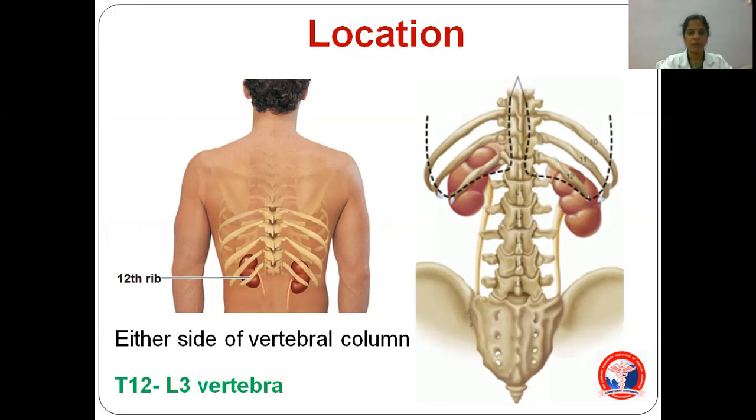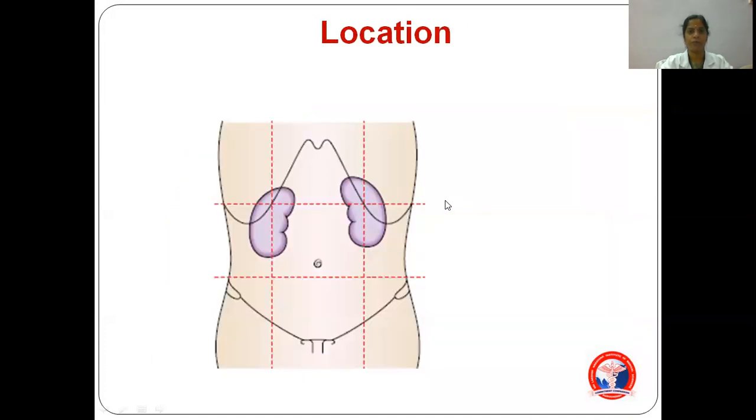It extends from T12 to L3 vertebra. And you can see, here is the right kidney, this is the left kidney. Right kidney lies a little bit lower compared to the left kidney.